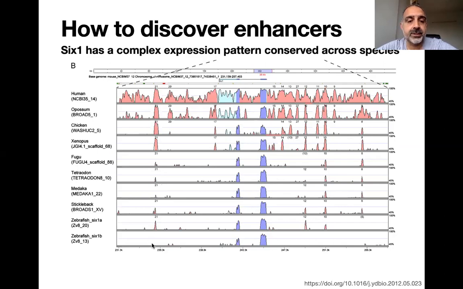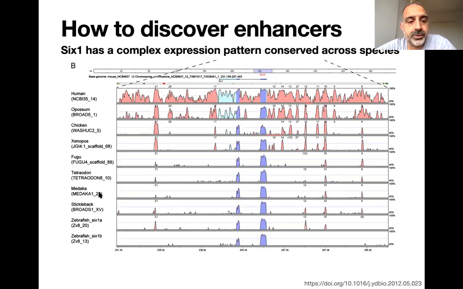The comparative genomics approach is something that was introduced quite a long time ago. Sydney Brenner was a big proponent of this approach, and Brenner had used Fugu as a way of doing comparative genomics. I don't know if anyone knows why you would use Fugu, which is a pufferfish, of course.